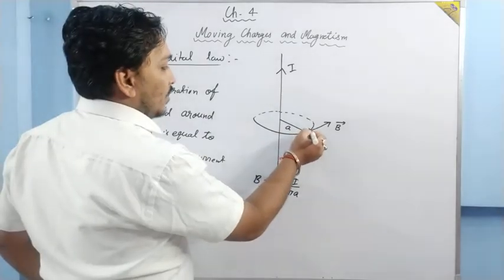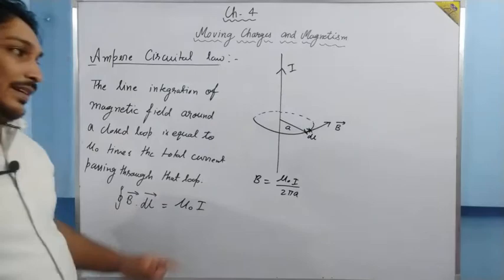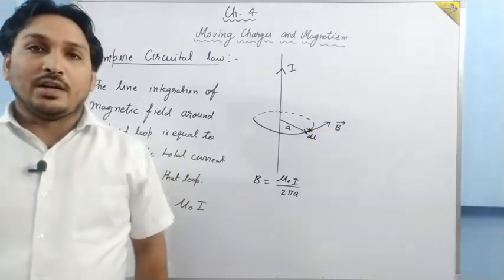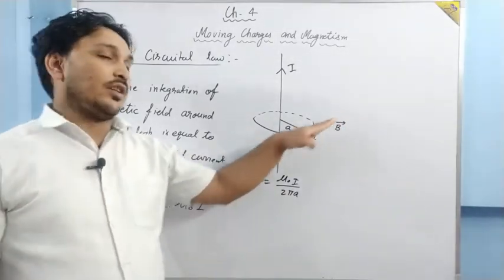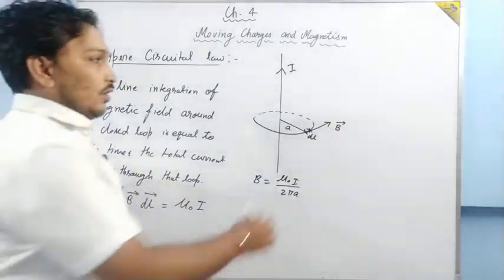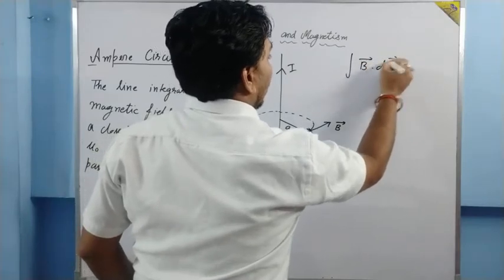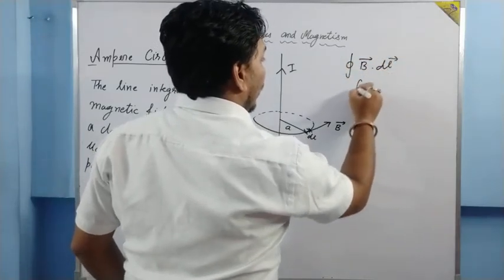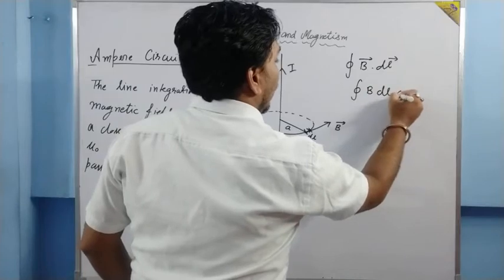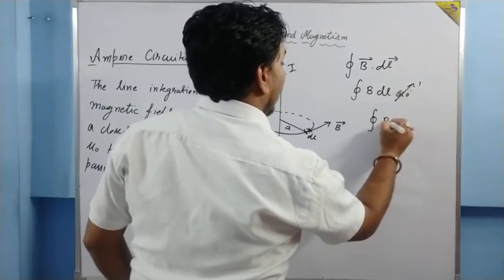Here we consider a small length element dl. Direction of dl will be in the direction of magnetic field, because magnetic field is along the tangent. So the dot product B vector dot dl vector will be B dl cos 0. Value of cos 0 is 1, so basically it will be B dl.